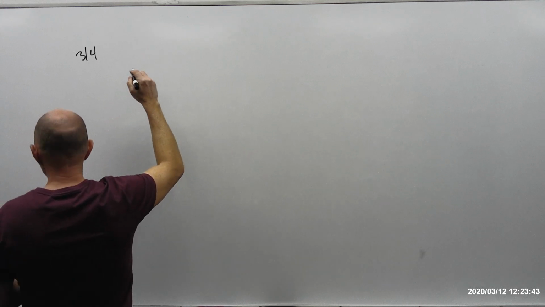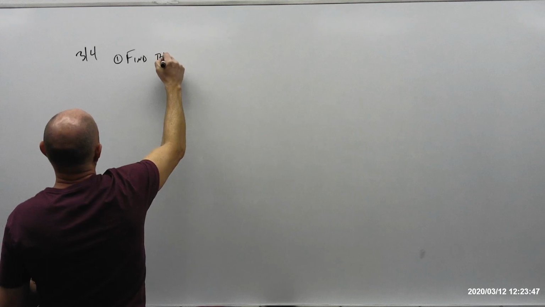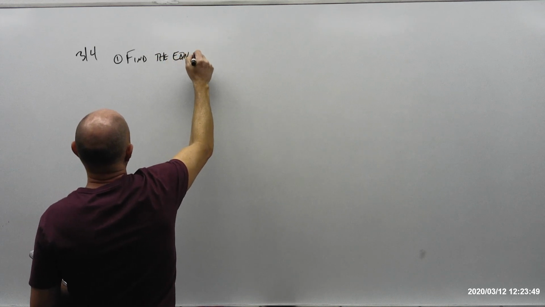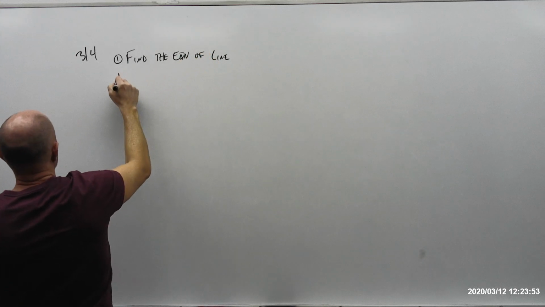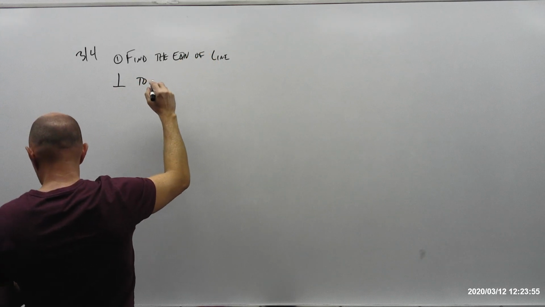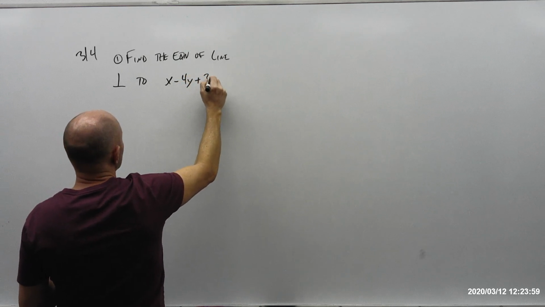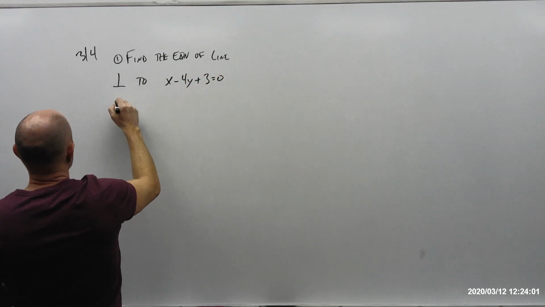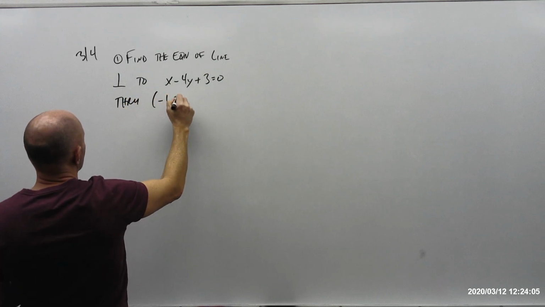And the first question we have is find the equation of the line perpendicular to x minus 4y plus 3 is 0 through the point negative 1, 3.